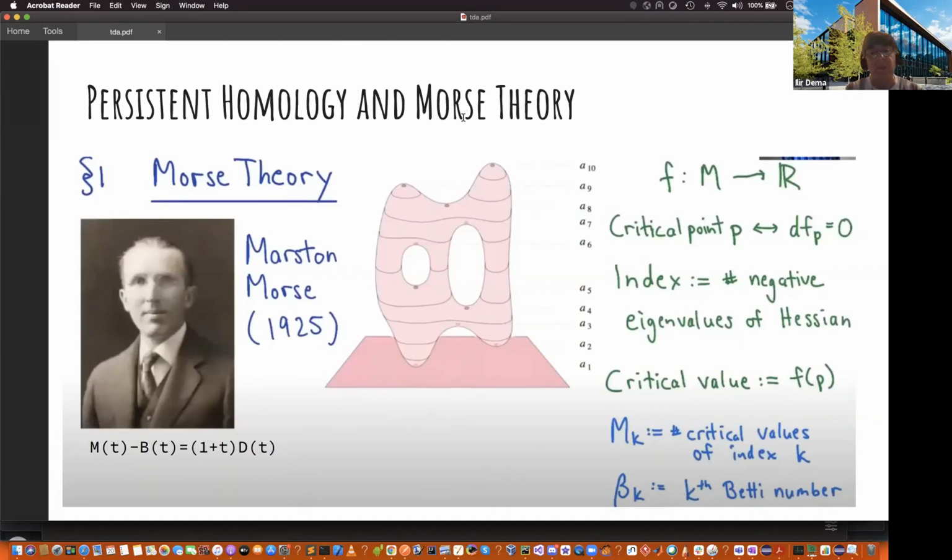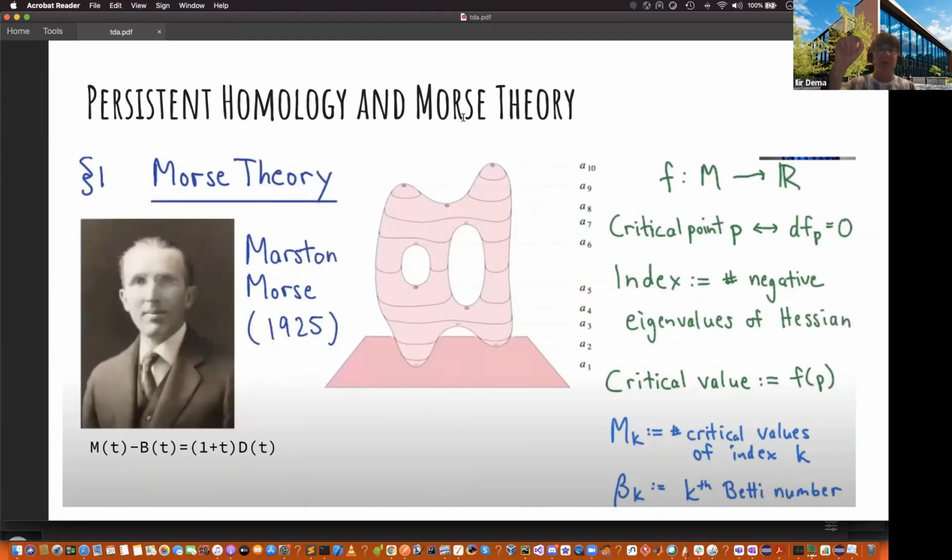Another component that we're going to need is the so-called index. What is the index of a critical point? The index of a critical point is the number of orthogonal dimensions in which the function decreases. For example, if you look at one of the top points of this surface, either left or right, and make a plane tangent to that point at the top, there are 2 orthogonal directions in which the height function decreases.